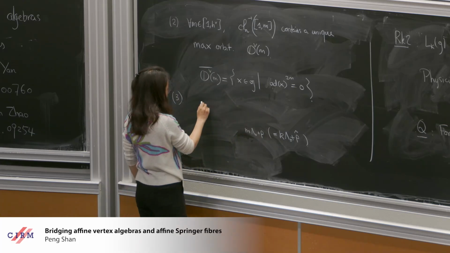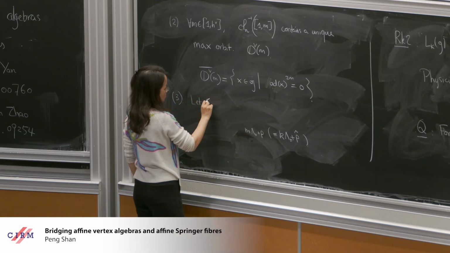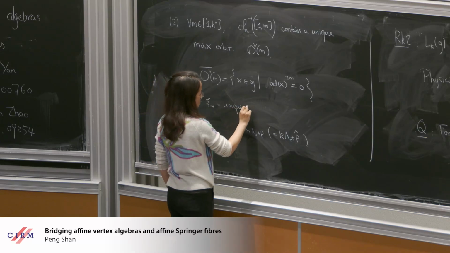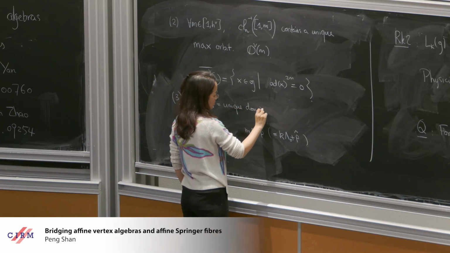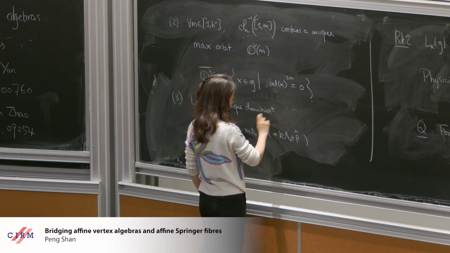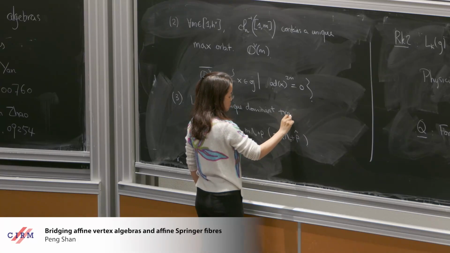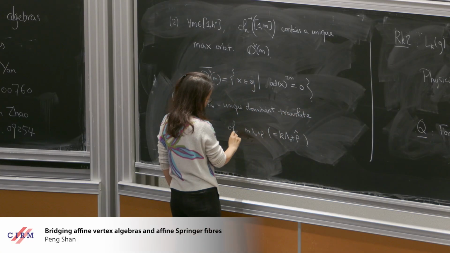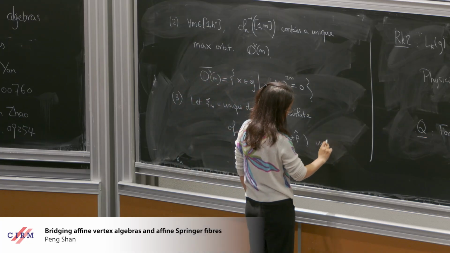And so I will take psi m to be the unique dominant translate, in the sense of affine weight translate, of this weight under the affine Weyl group action.